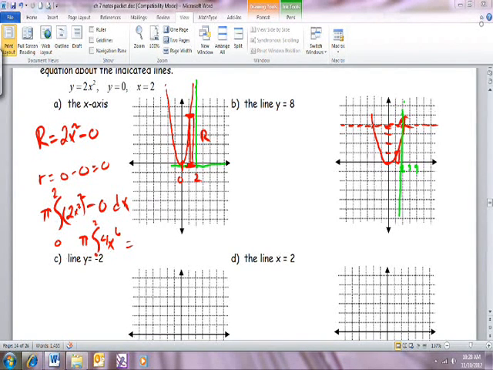So the distance from the far side of the rectangle to the axis is my big R. The distance from the close side of my rectangle to the axis is my little r. So to find the big R and the little r, you're really just taking this distance here. Now this distance you can either think of as top minus bottom or your function minus your axis. And the reason why it doesn't matter is because you're going to be squaring r in a second. So even if you have it upside down, it doesn't matter too much.